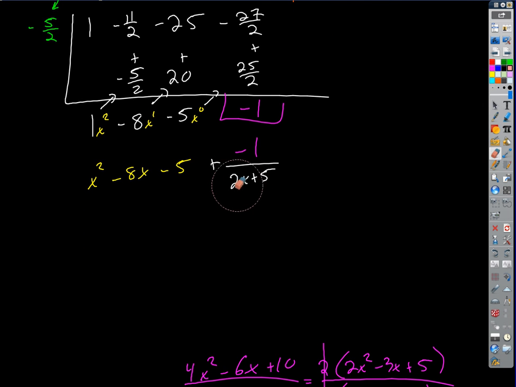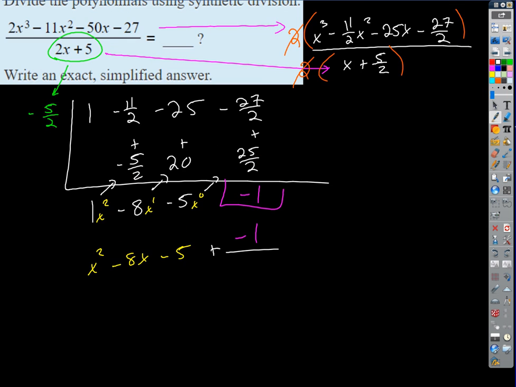On the bottom I've really got x minus negative 5 halves. We'll always take the number out and bring it back down to that.